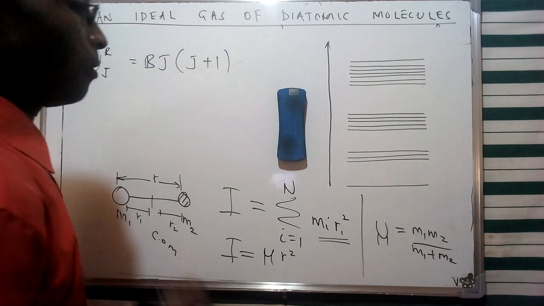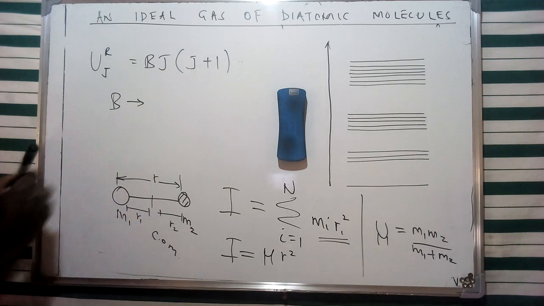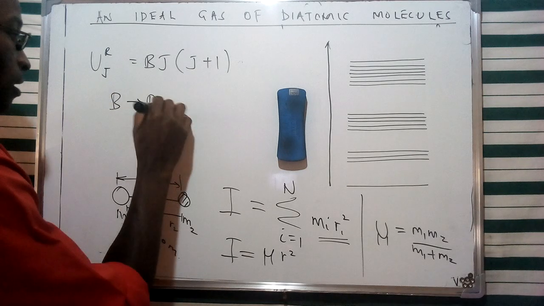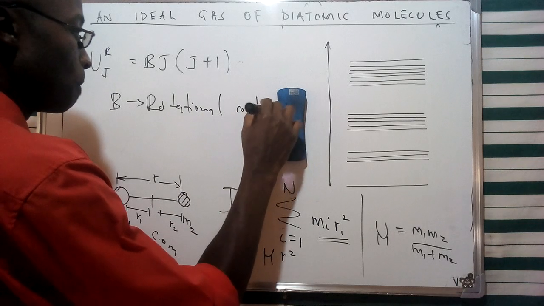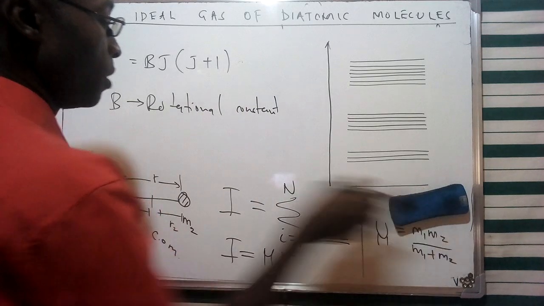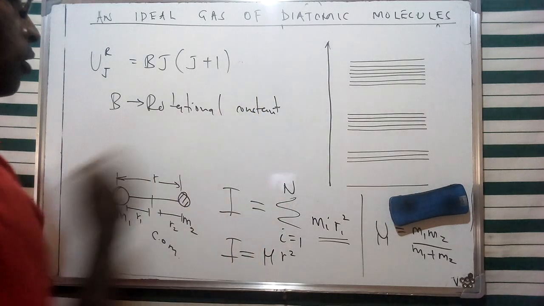I'm going to put a link of that video in the description box concerning this aspect of B, which is a rotational constant. It's a rotational constant, and this is going to be discussing the theory of spectroscopic methods, whereby we're going to look at the rotational aspect.